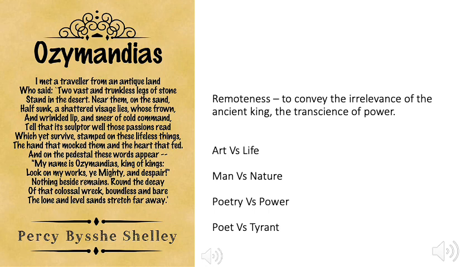So Shelley's sonnet thus becomes a kind of epitome of poesy itself, of poetry, the art, the very creation of poetry, because this poem has outlasted all that it describes.